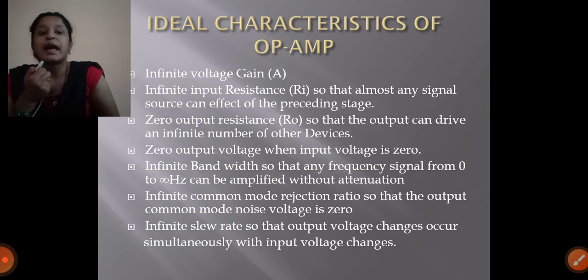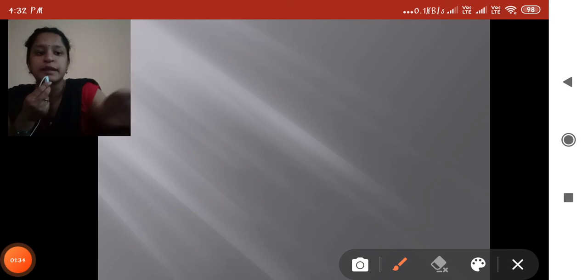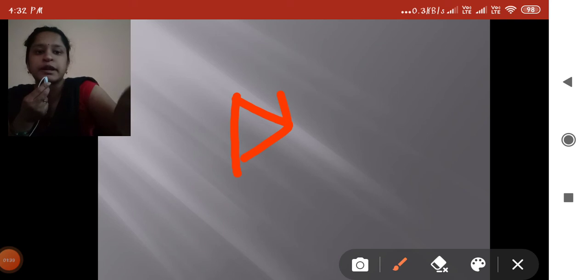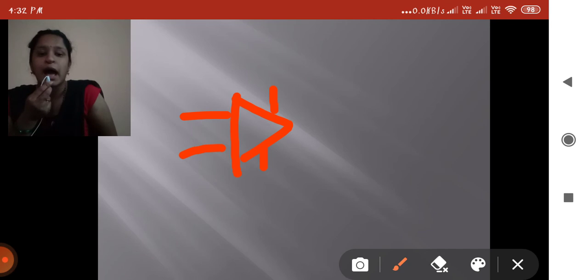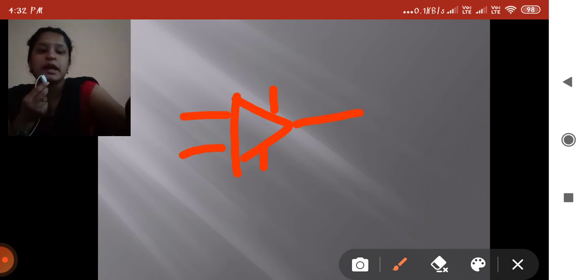I want to draw the operational amplifier and explain it. This one is an operational amplifier. The gain is infinity, we are giving.